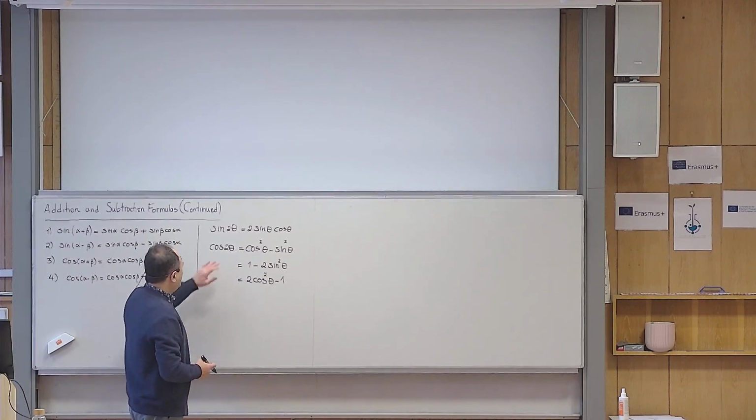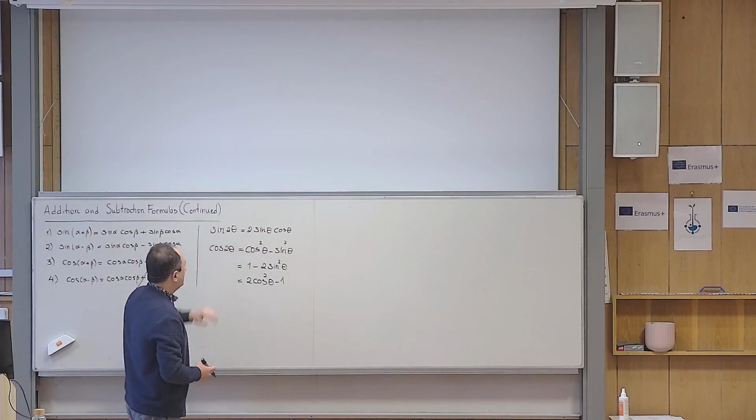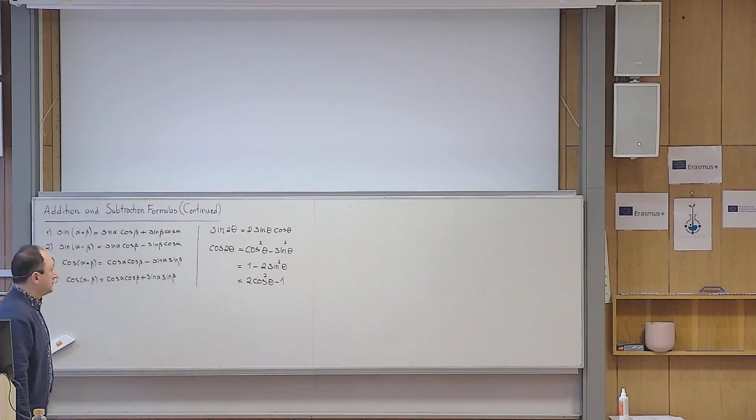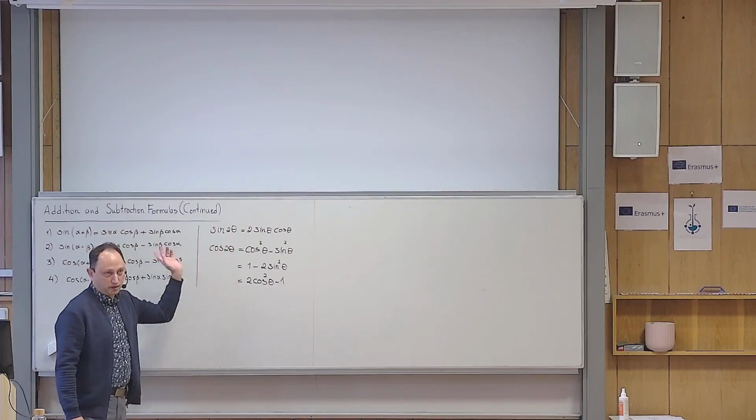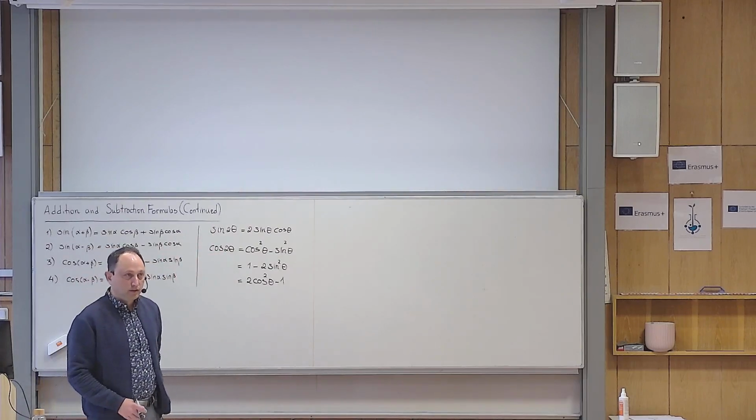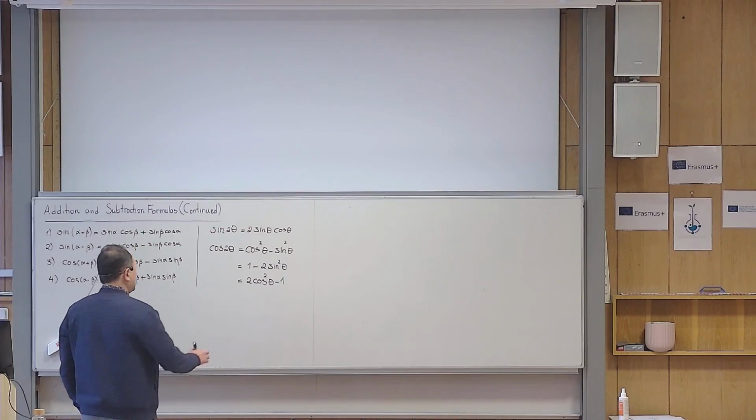And then, for example, let me review. How did we get this formula? Do you remember? The proofs of these are a little bit involved, so we spent a big part of the last session to prove them. But going from these formulas, for example, to these formulas is more or less straightforward. Do you remember how we did it?